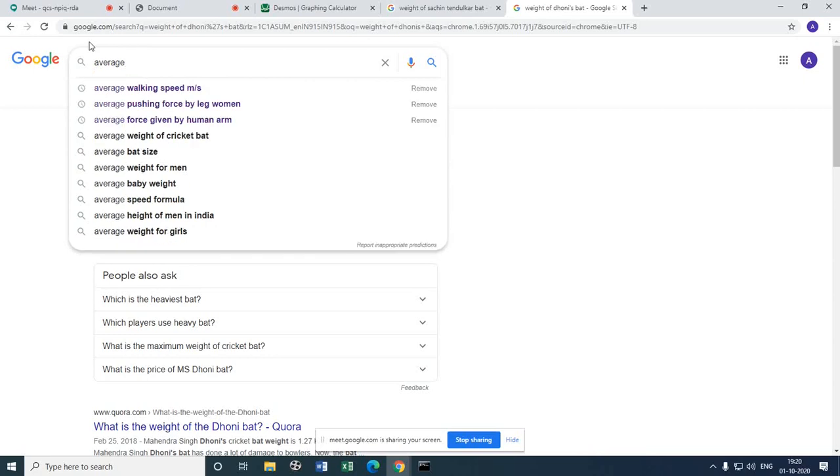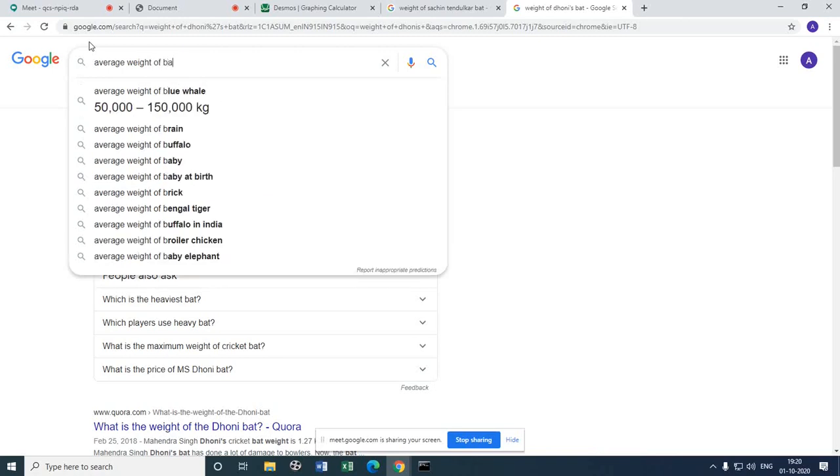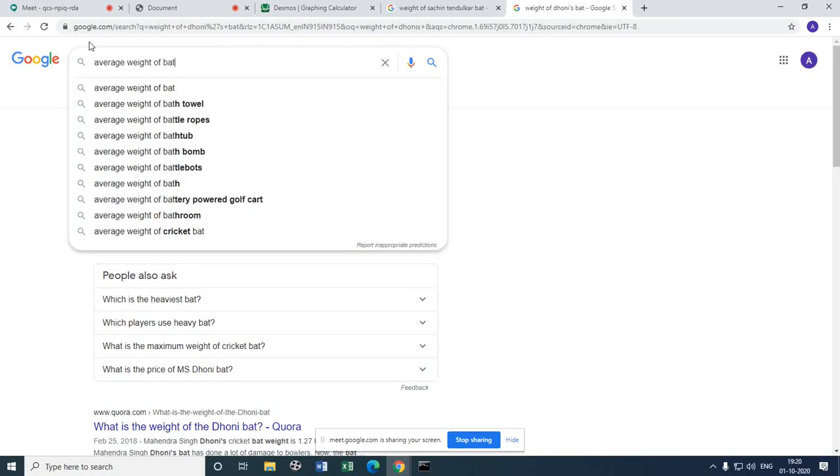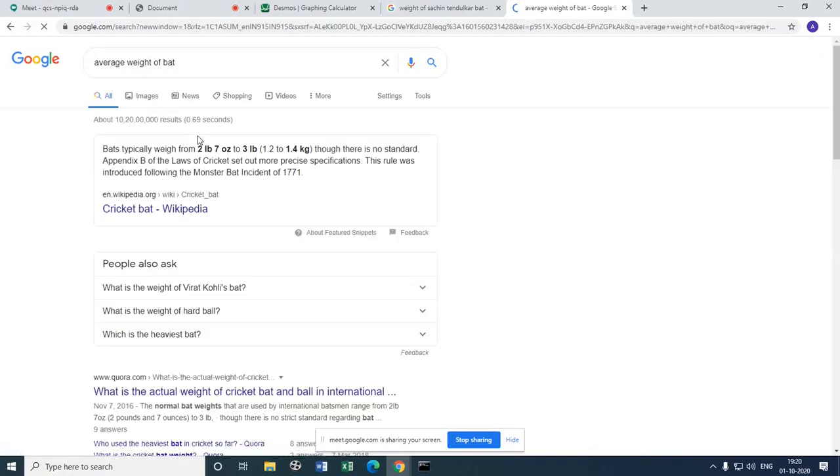See how Sachin was such a huge hitter. Average weight of a bat: how much? 1.2 to 1.4 kg. Look, he figured out this trick, although he did not know the physics behind it. Right? Is it or not?